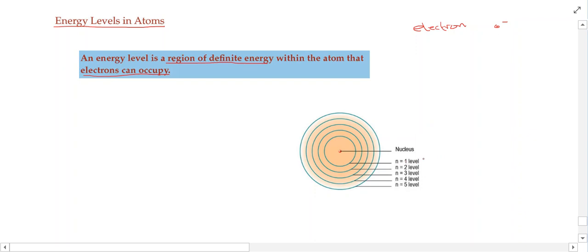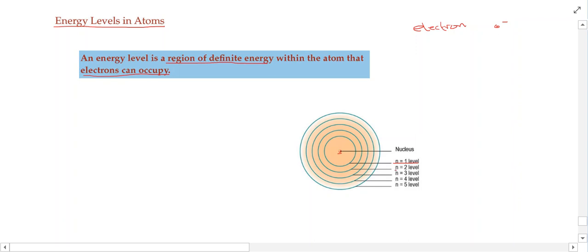So n equals 1. Working from the middle, in here we have the nucleus, and then working out from the nucleus, you have these regions. The first region, which is closest to the nucleus, is level 1, or this region here, so n is equal to 1. And that's that first band that we see there around the nucleus.